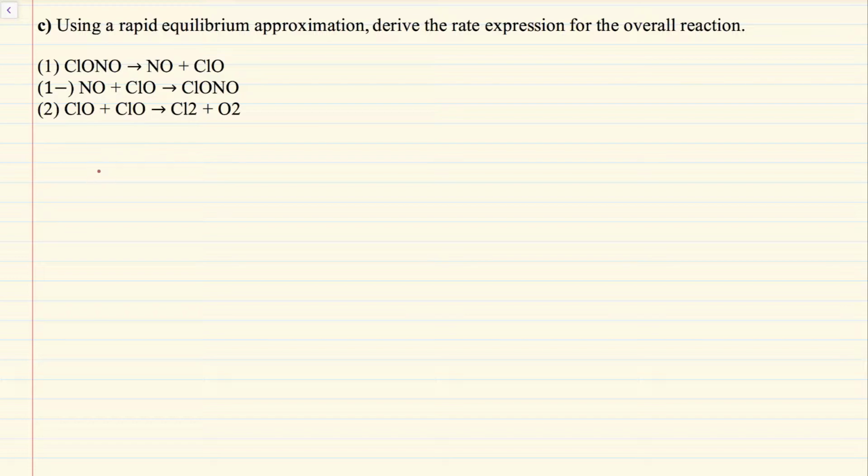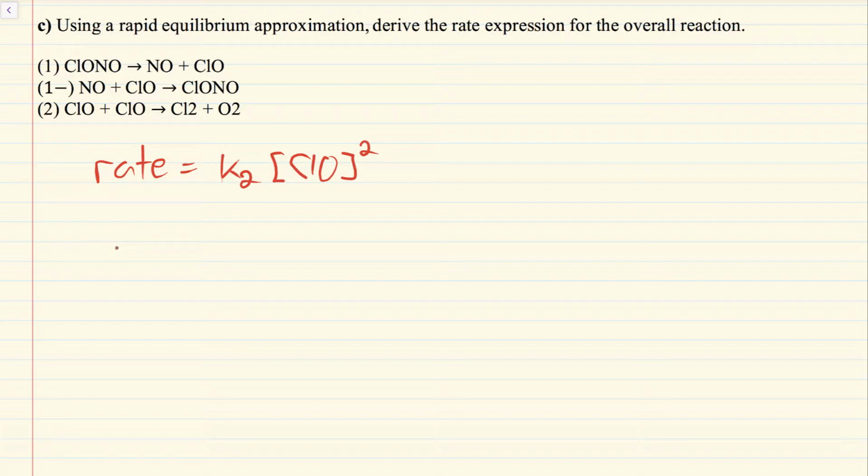So as we solved in 4b, we know that the rate determining step is equal to K2 multiplied by ClO squared. At this point, it's simply a matter of trying to isolate ClO from our overall elementary reactions to get a rate law that does not include the species ClO.